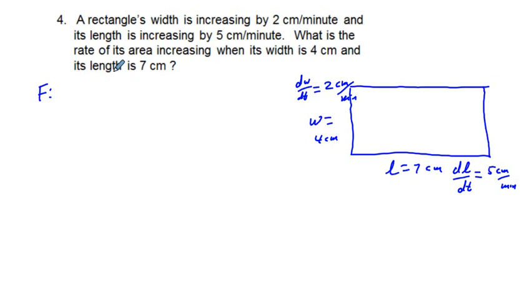What is the rate of increase for the area? So we have dA dt is what we're trying to find when the length is equal to 7 centimeters and the width is equal to 4 centimeters.